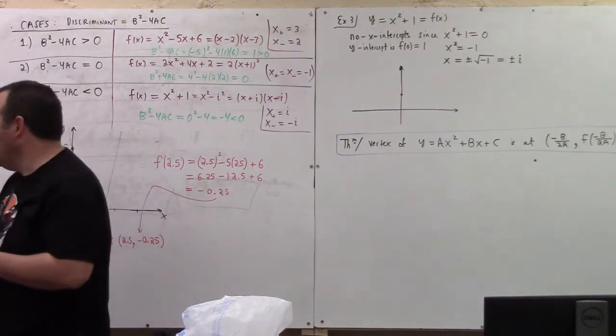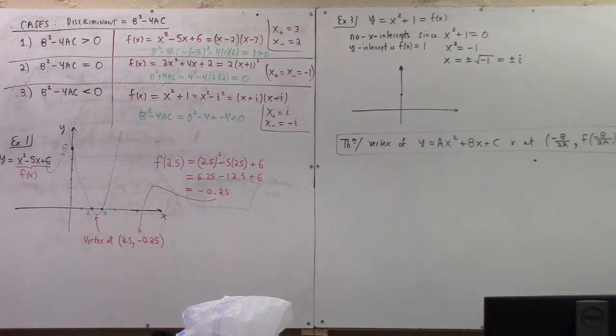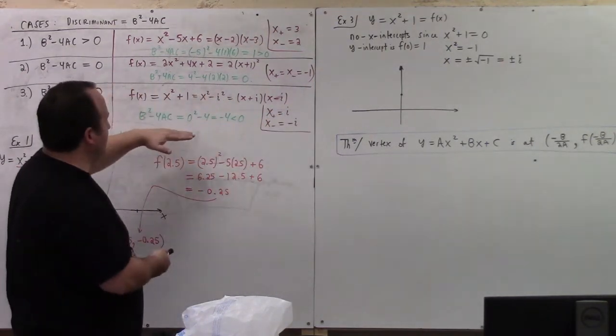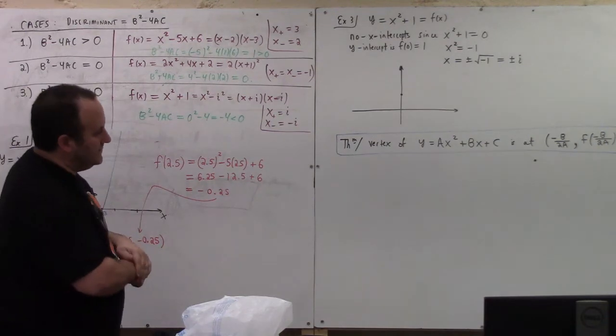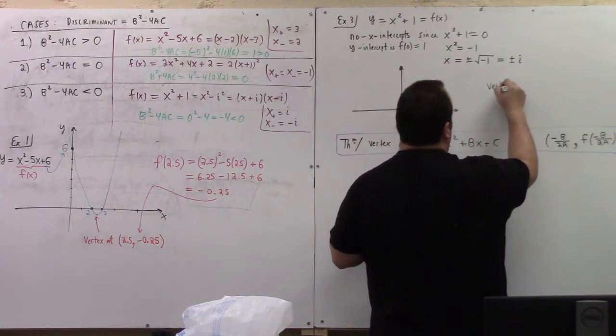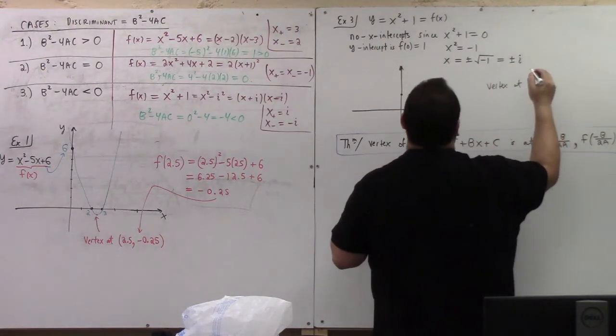Minus b over 2a is what h is equal to when you work through it. This h that appears in completing the square is exactly equal to minus b over 2a if you track the letters. So for my x squared plus 1, where's the vertex? What is b equal to here?